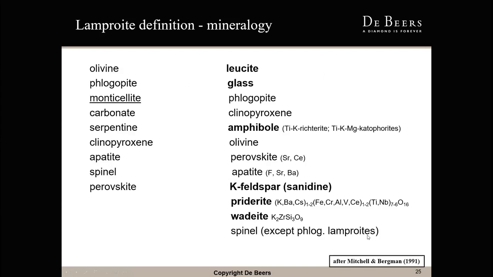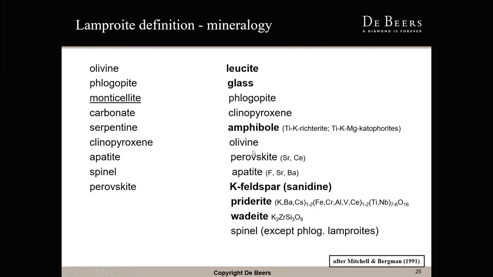And if you look at the mineralogy very quickly, on the left-hand side, these are the typical minerals that you find in a group 1 kimberlite and to a degree group 2, with the exception of monticellite. Groundmass on the right-hand side, these are the minerals that you see in a lamproite.